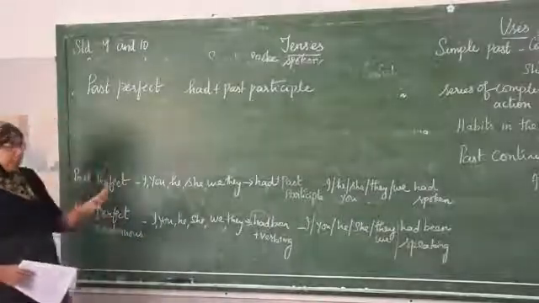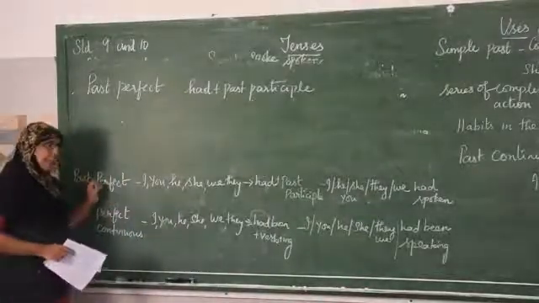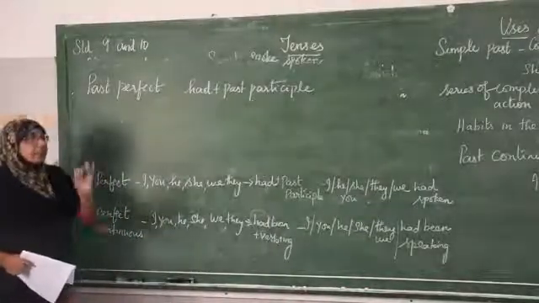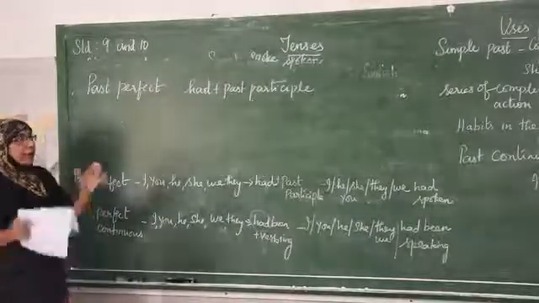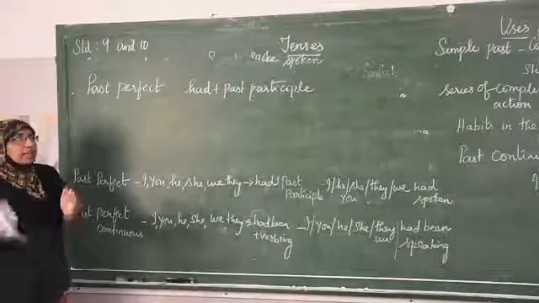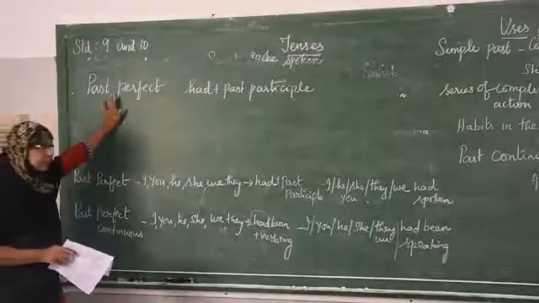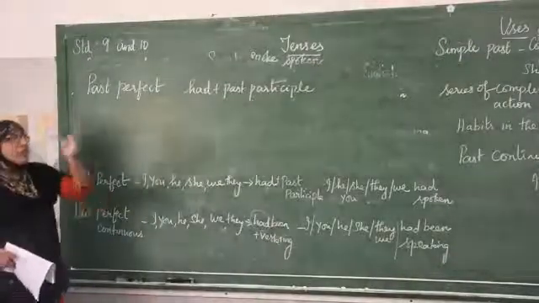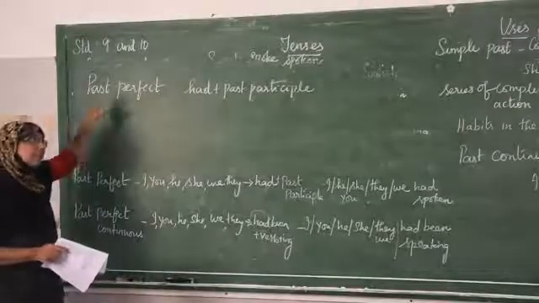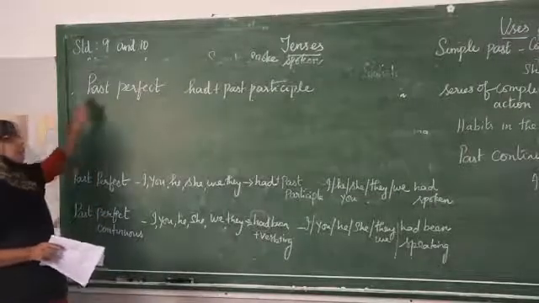You have to remember whether it is present perfect or past perfect tense, specific time won't be mentioned. Present perfect tense means what? The immediate past. Whereas past perfect tense refers to an action which had taken place earlier, some time in the past there.